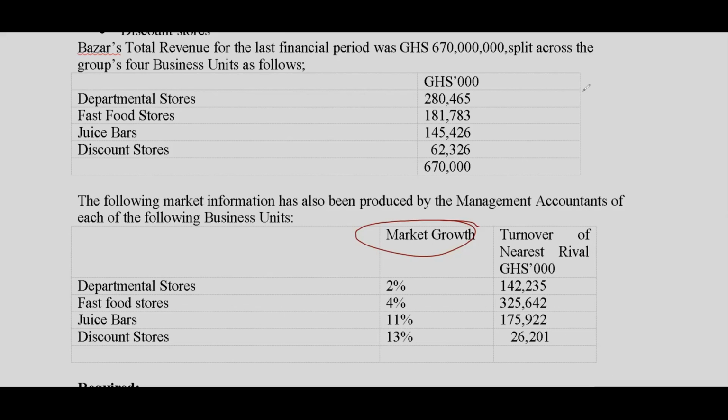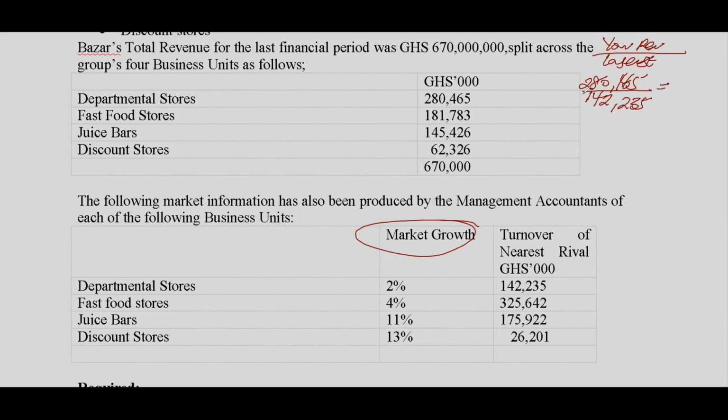So if I want departmental stores, remember that is your revenue over the largest competitor's revenue. My revenue was 280,465. I divide this by the largest rival revenue for departmental stores, which was 142,235. So what do I get? That becomes my market share.